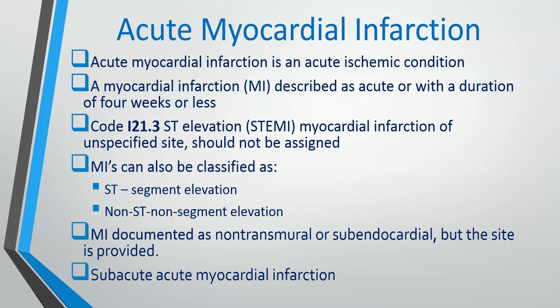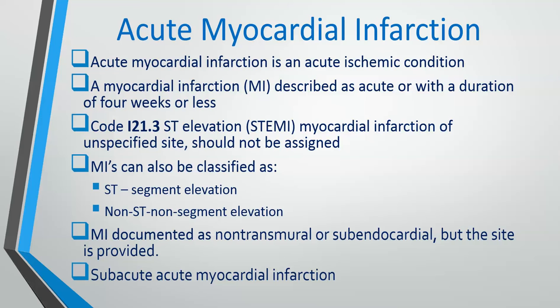So for example, I21, ST elevation STEMI and NSTEMI, includes notes stating myocardial infarction specified as acute or with a stated duration of 4 weeks or 28 days or less from onset. The I22 category, subsequent STEMI and NSTEMI myocardial infarction, includes a note that states acute myocardial infarction occurring within 4 weeks, 28 days, of a previous acute myocardial infarction, regardless of the site of the AMI.